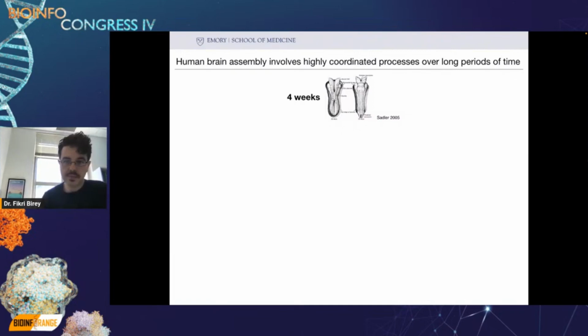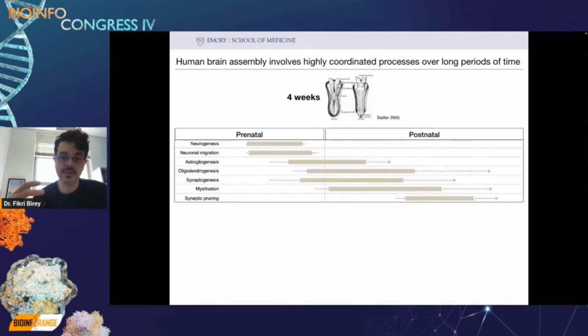And just like many other species, the development of the human brain starts with the formation and closure of the neural tube, shown here, which in humans happens around 4 weeks post-conception. But unlike many other species, the processes that are triggered afterwards are very tightly orchestrated over very long periods of time.